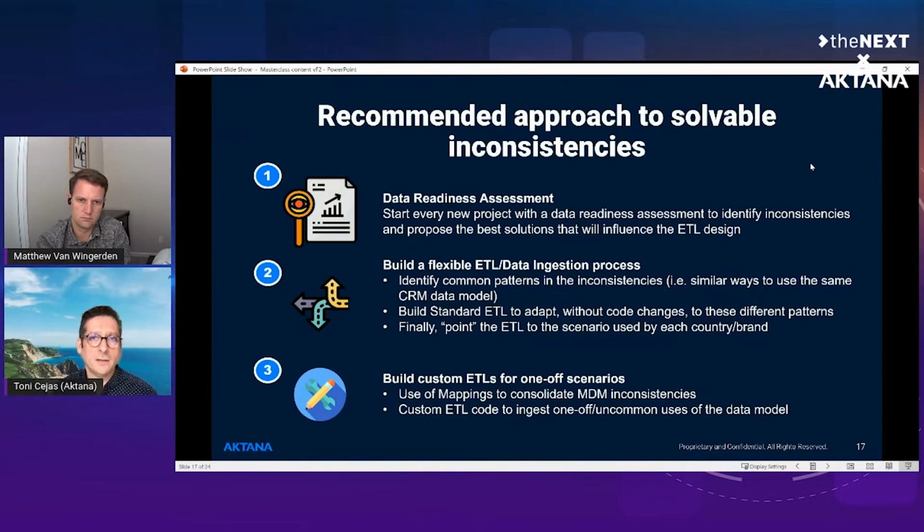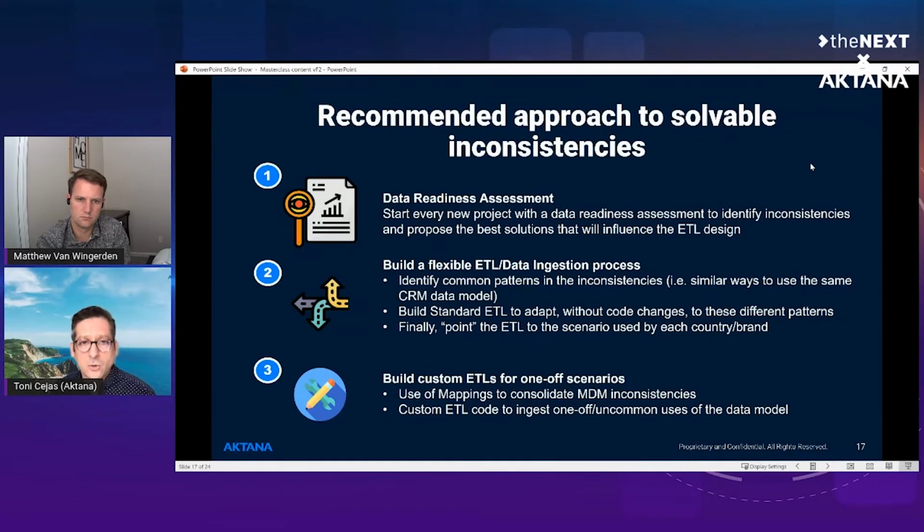So basically, implement these common scenarios and just through parameters, no code, point the ETL to what you have for each specific country and brand. That will save a lot of work and will avoid having to reinvent the wheel all the time.